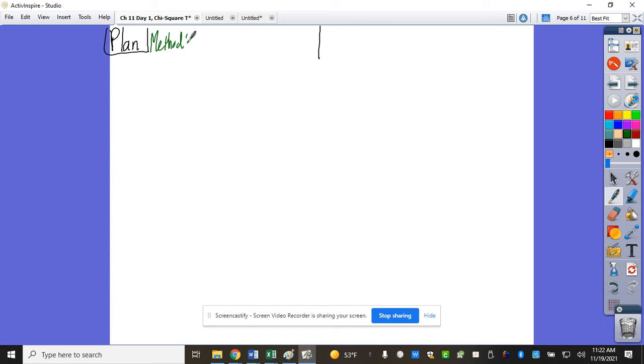So if we are doing chi-squared, our method is chi-squared test for independence. If we're over here, it's the other one.